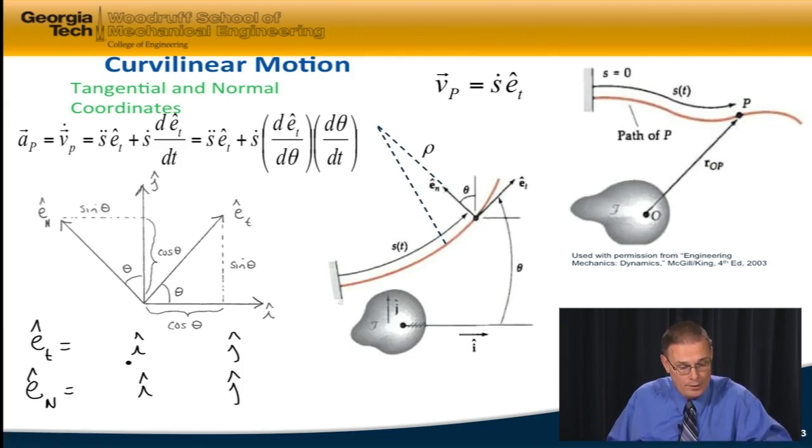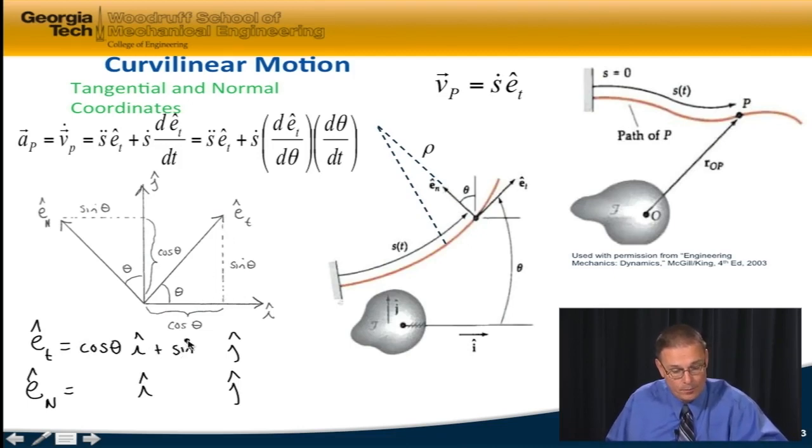So what you should have found is, okay, for e tangential, we're going to go out cosine theta in the i direction, and a distance sine theta in the j direction. And for e normal, here's e normal, I'm going to go minus sine theta in the i direction, and plus cosine theta in the j direction.